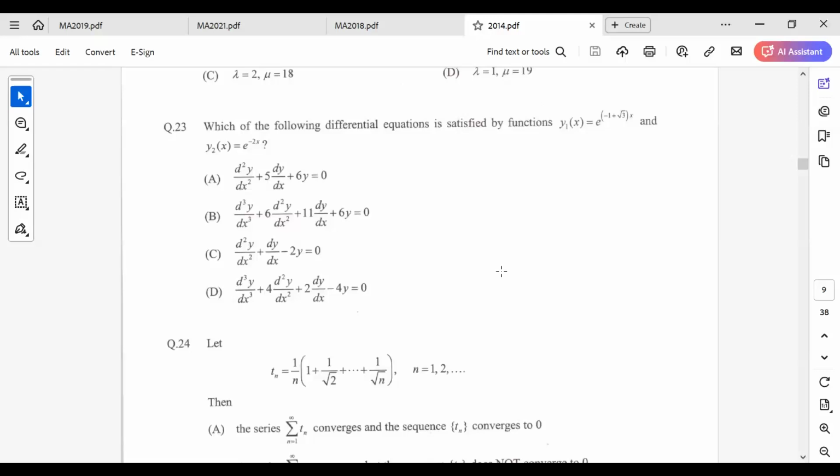One sec. आपको क्वेश्चन पेपर विजिबल है? हाँ. Yes, sir. Please see this. This question देखिए इसमें क्या है आपको? Which of the following differential equation satisfies the function? This.